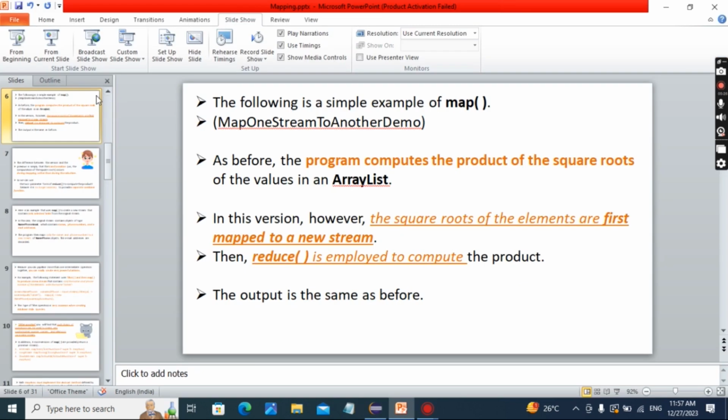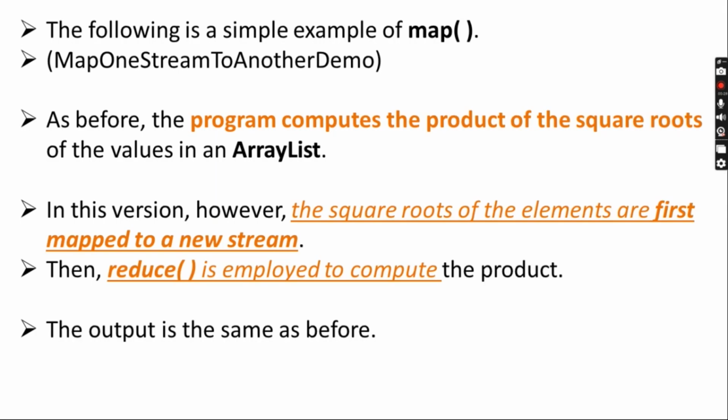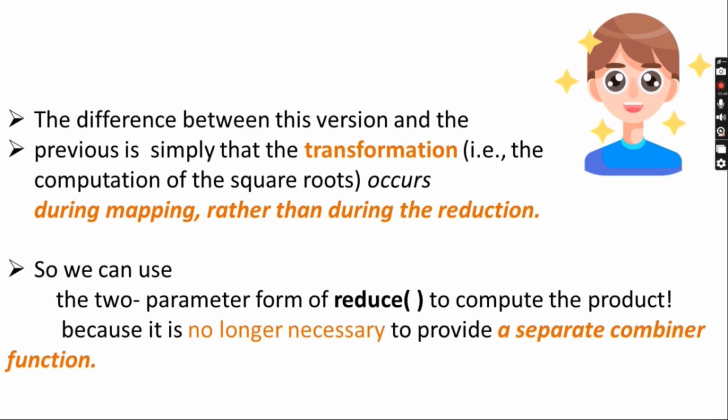So next, the program computes the product of square roots but using map. The square roots of elements are first mapped to a new stream and then reduce will do the appropriate operation, that is computing the product, the multiplication of square roots, and the output will be the same as the previous version. What is the difference between this version and the product of square roots in the previous session?